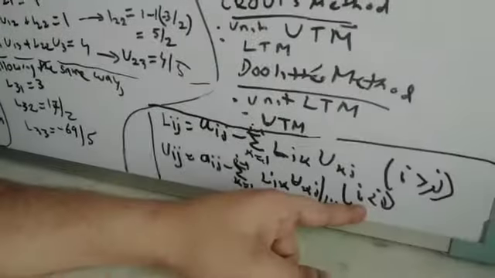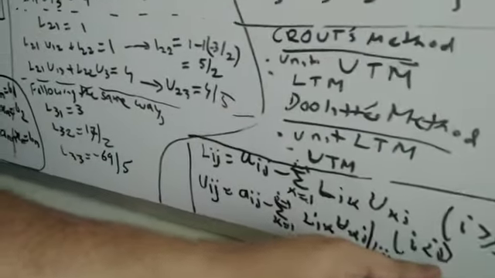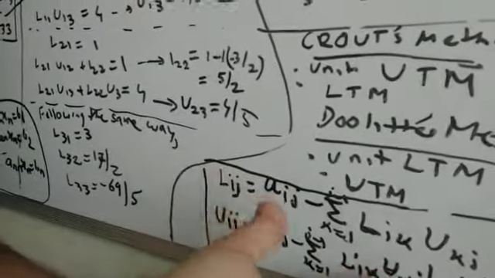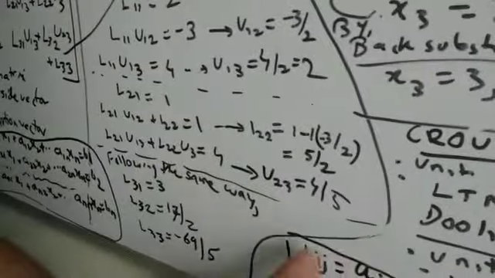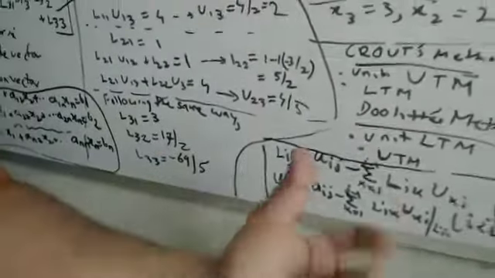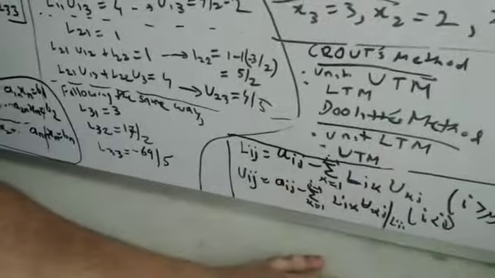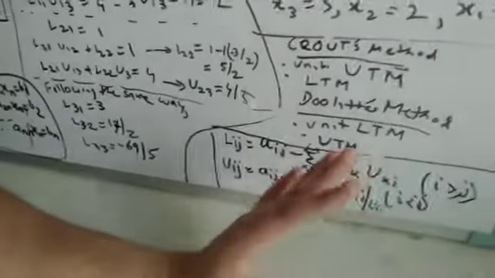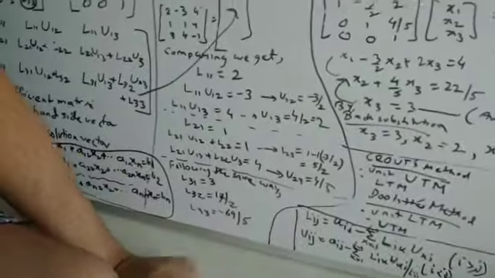Remember one thing, the condition here is i less than j. So the same thing should be divided by L. You can remember this, or you can skip it, because you know how to solve simple equations. In general, you can apply this.